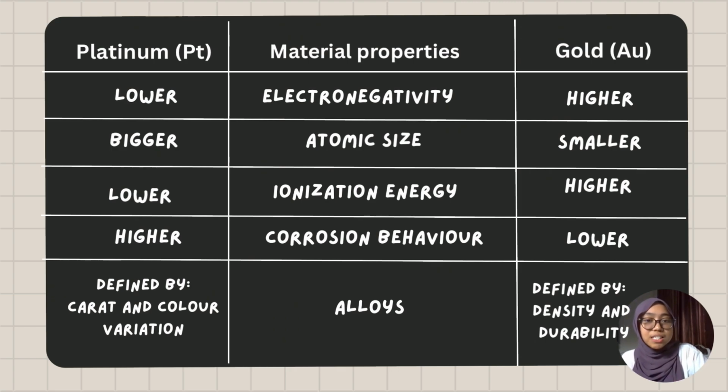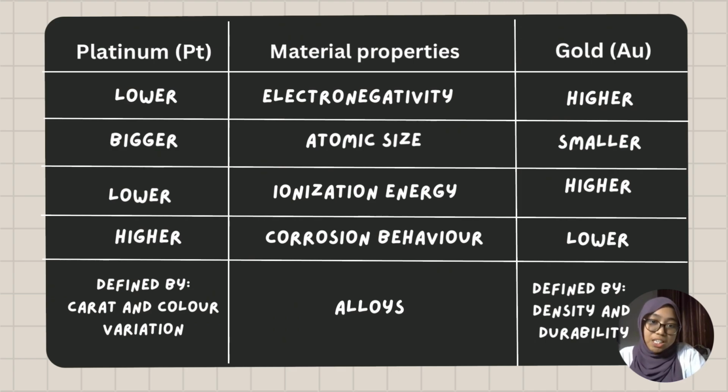Next, atomic size. Atomic size is inversely related to electronegativity. Atomic size increases down a group, so platinum has a bigger atomic size compared to gold.